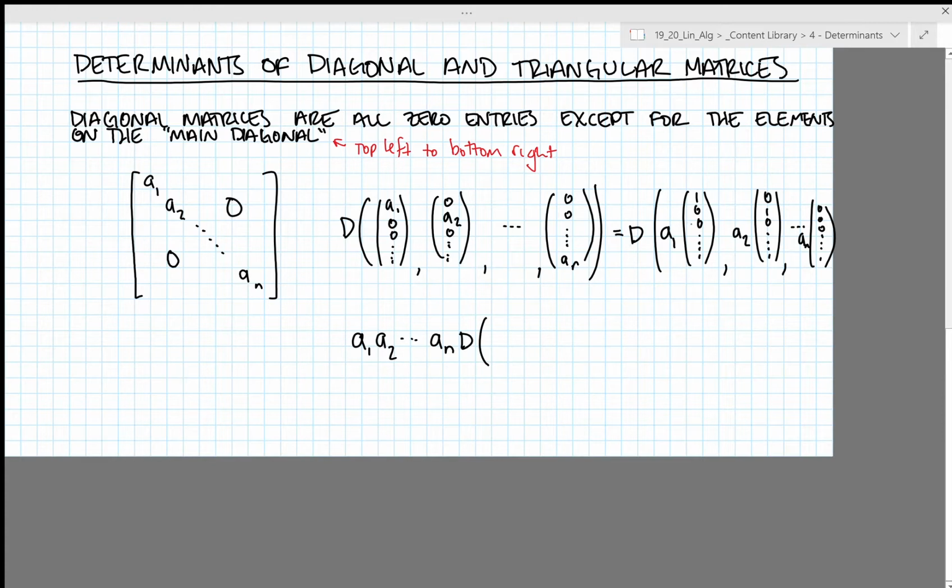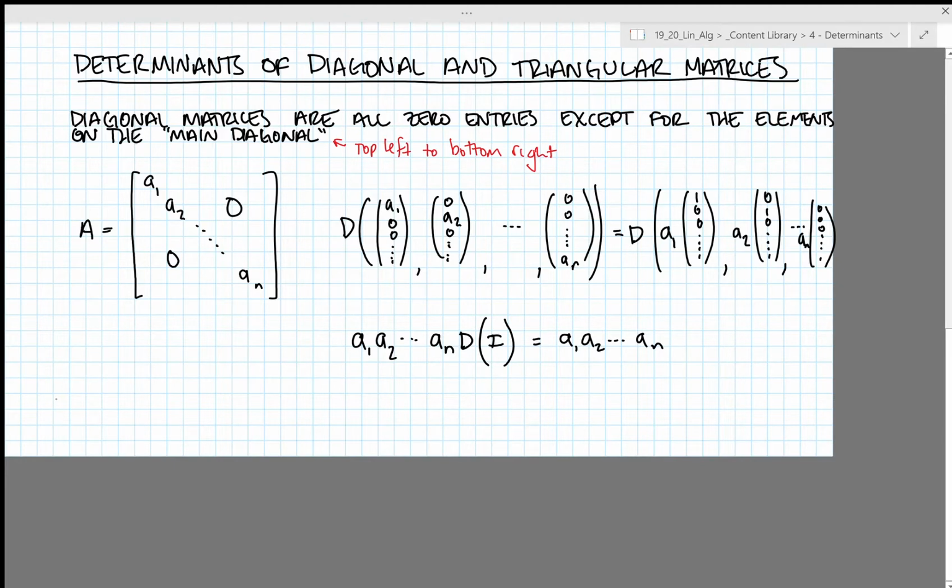And what you'll notice is the matrix that's left when we slap all of these base vectors together is actually the identity matrix. And what we know about the identity matrix is that its determinant is 1. That was our normalization principle. So A1, A2, AN is the determinant of this matrix, which we'll call A. And so the determinant of a diagonal matrix ends up being just the product of all of the diagonal elements.